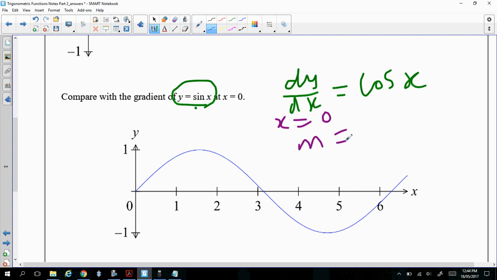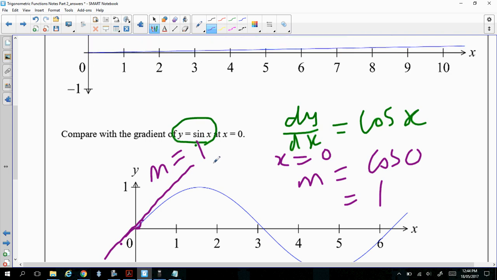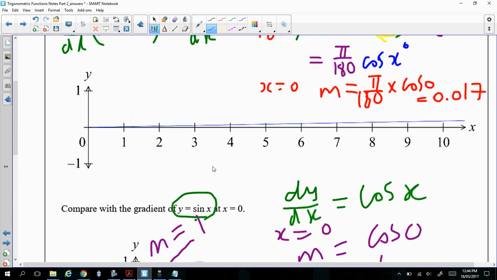But why is the degree graph not gradient 1? To make sense of this result, if it's in degrees and I try to draw the graph, this is 0 degrees, 1 degree. Can you see it's going up very slowly? 90 degrees will be across the page, so that's why the gradient is very small.